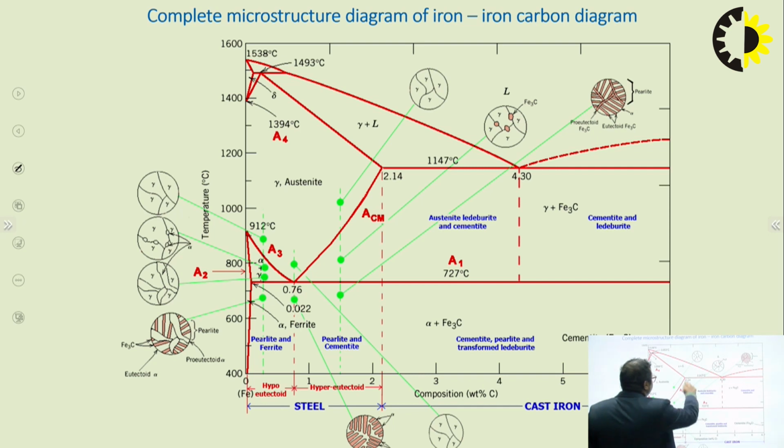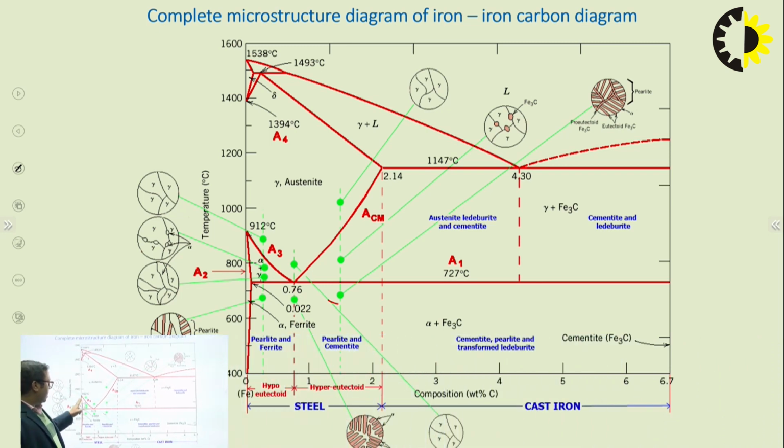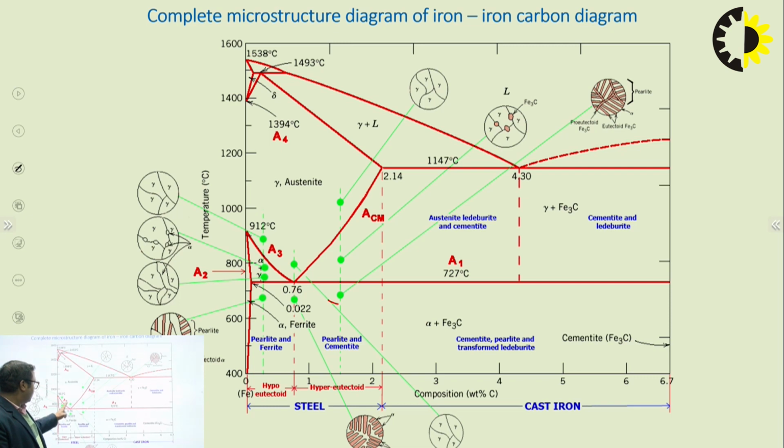This is the ACM line, and at different temperatures and compositions, different composition lines show different structures. Like this shows the austenitic phase, this shows austenite plus cementite, this shows pro-eutectoid Fe3C, eutectoid Fe3C and alpha. Similarly, here you can see the hypoeutectoid steels, here eutectoid steels and there hypereutectoid steels.